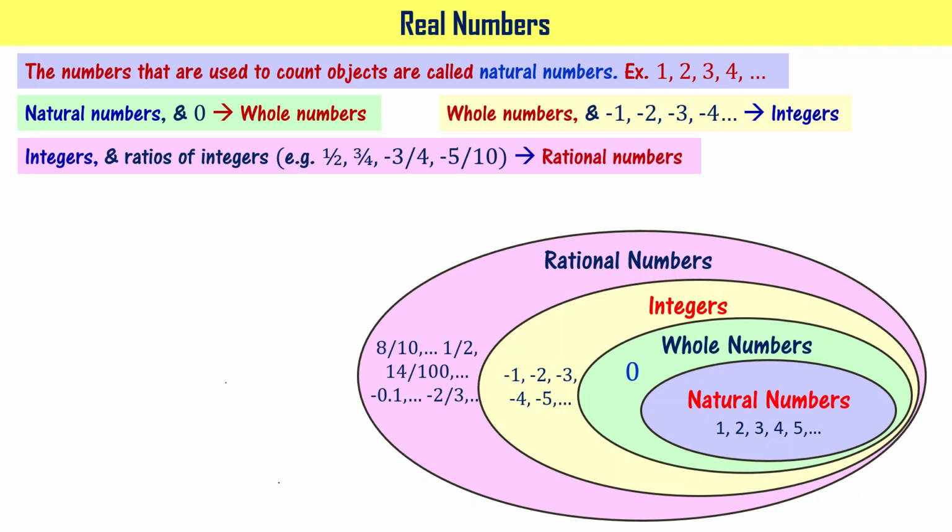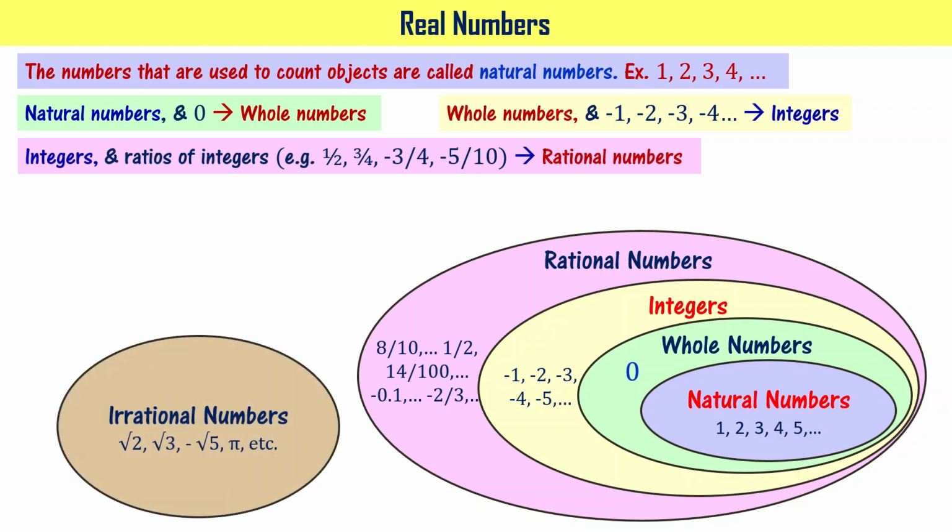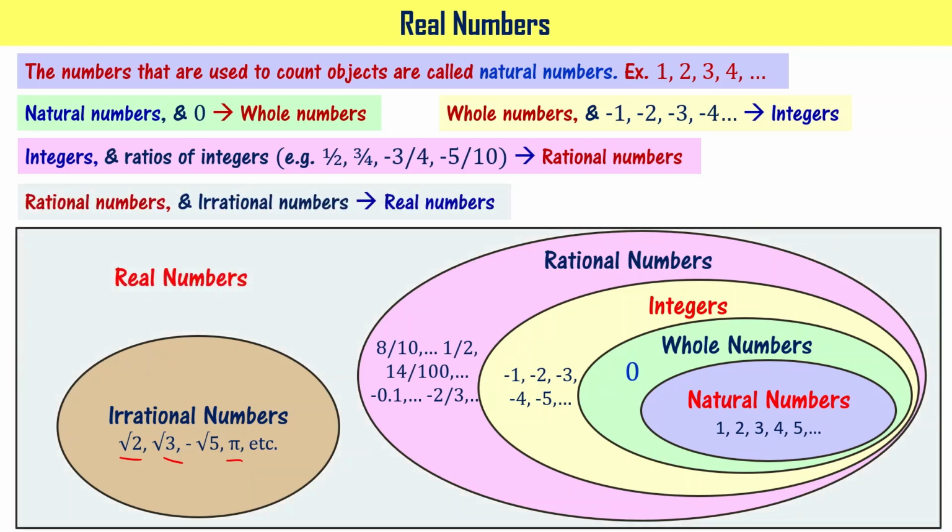And there are some decimals which cannot be expressed as ratio of two integers, those are called irrational numbers. For example, we have seen root 2, root 3, pi, etc. When you put rational numbers and irrational numbers together, you call them real numbers. Got it?